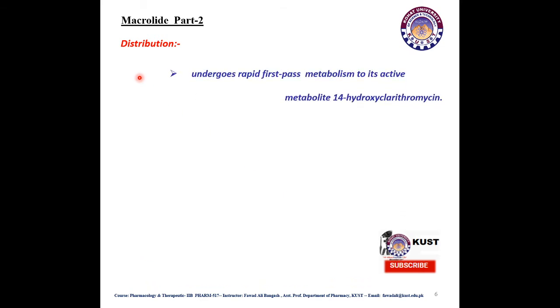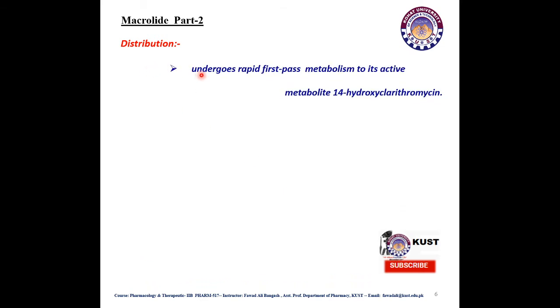So distribution. It undergoes a rapid first pass metabolism, like we have discussed in the absorption part, but it produces an active metabolite, which is 14-hydroxy erythromycin.